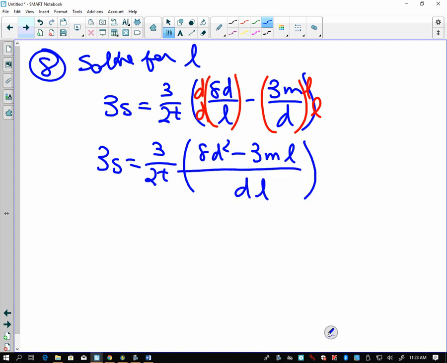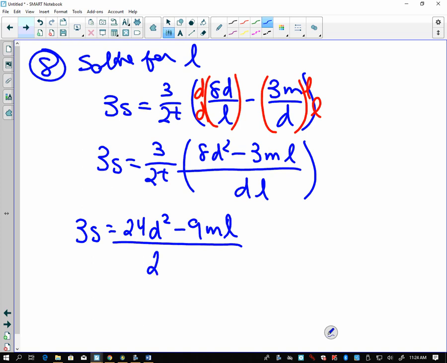Now, the next thing I have to work with is my multiplication. So I have 3s, and I'm going to multiply the numerator times the numerator, which is going to mean distributing. 8 times 3 is 24d squared minus 9ml. And then on the bottom, I'm going to get 2tdl. Does that make sense?